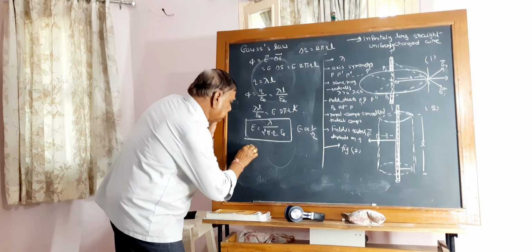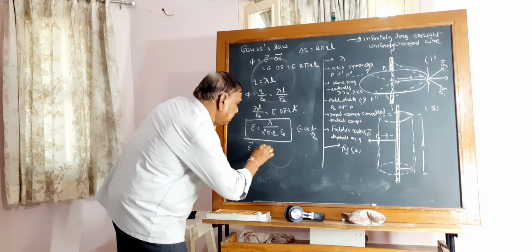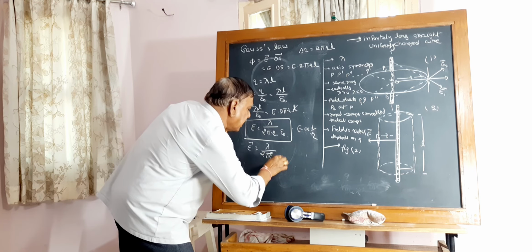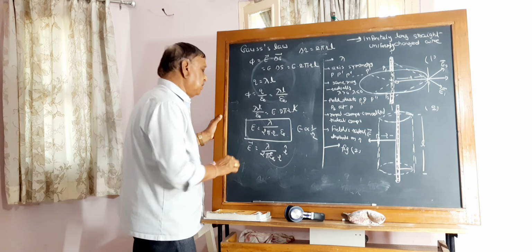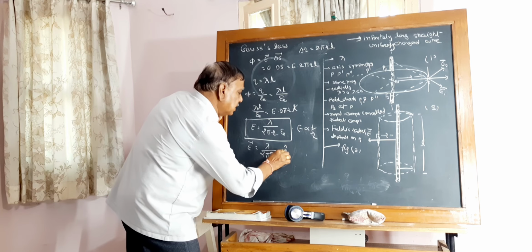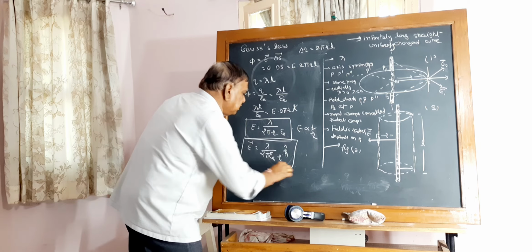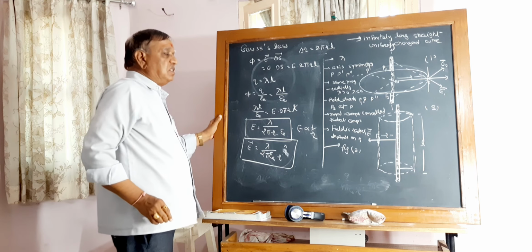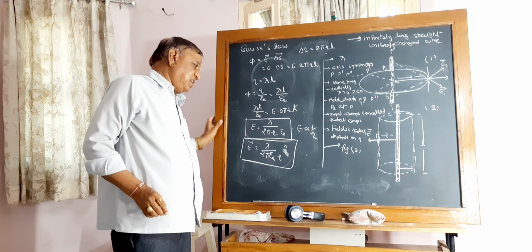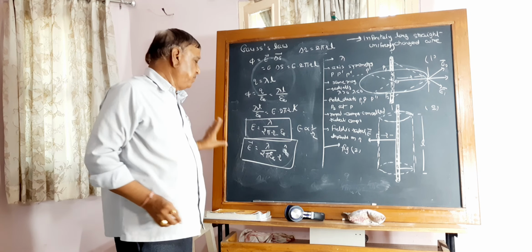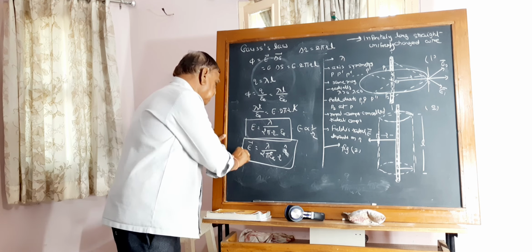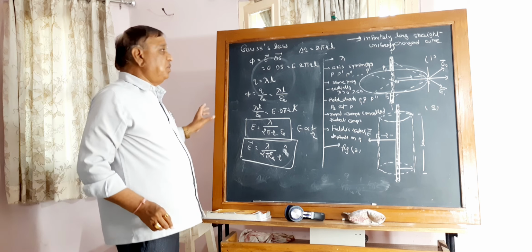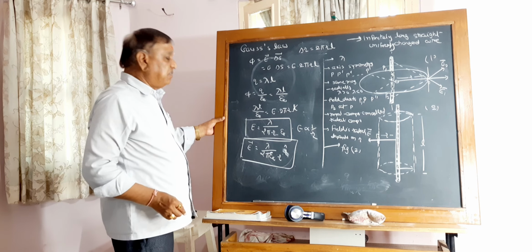In vector form, E equals lambda upon 2 pi epsilon 0 r into r cap, or n cap. Here you can write any one; suppose r cap, then r cap is the unit vector in the direction of the radius. So this is the required result for the electric field due to an infinitely long straight wire.